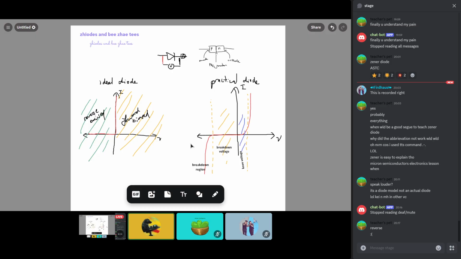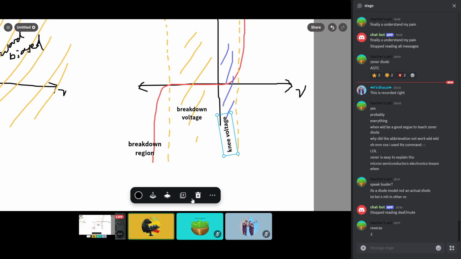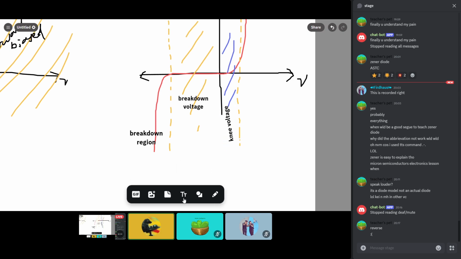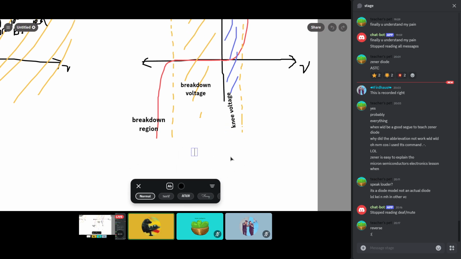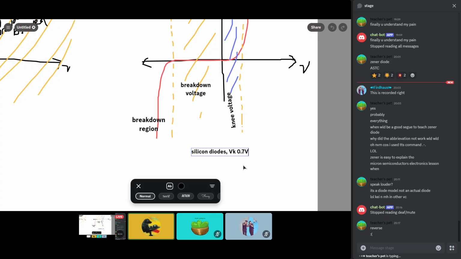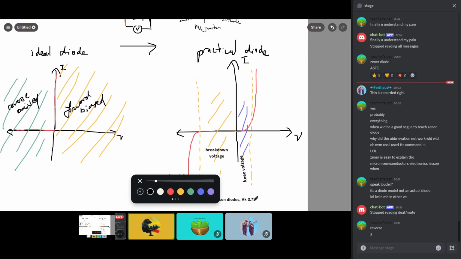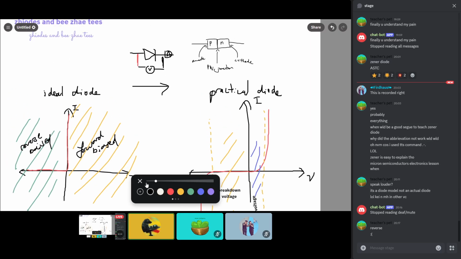There's of course additional information you should know. For most diodes, the knee voltage is 0.7 volts. So for silicon diodes, the knee voltage is usually 0.7 volts, meaning the voltage going in this direction needs to be higher than 0.7 volts for it to be on, for it to allow the current to flow through.